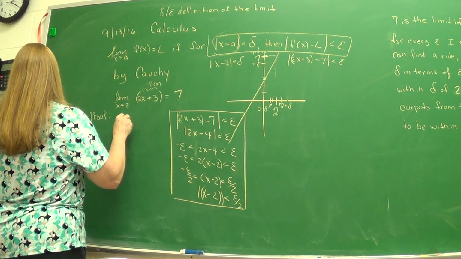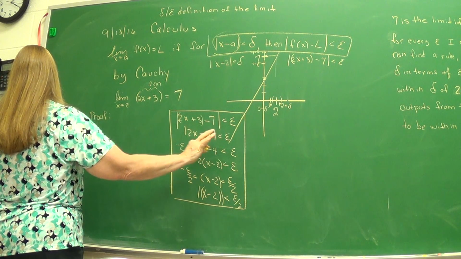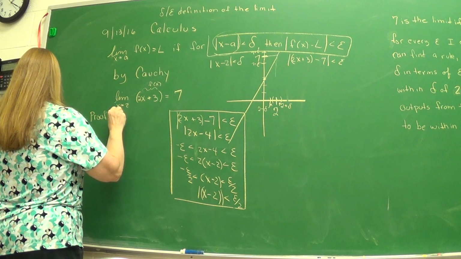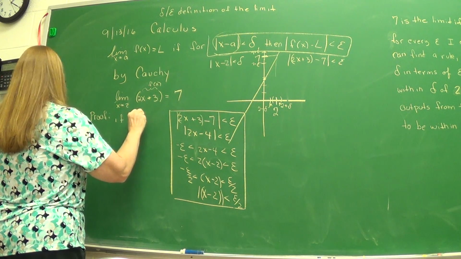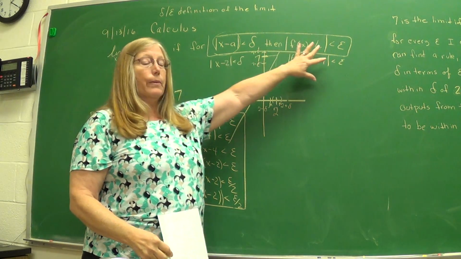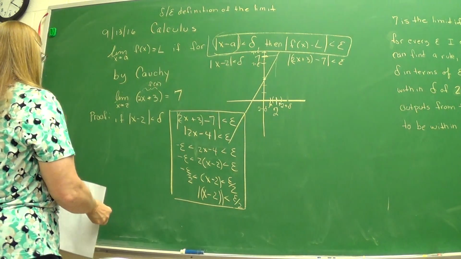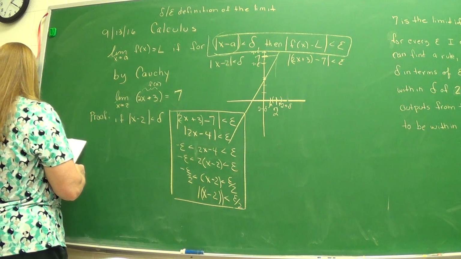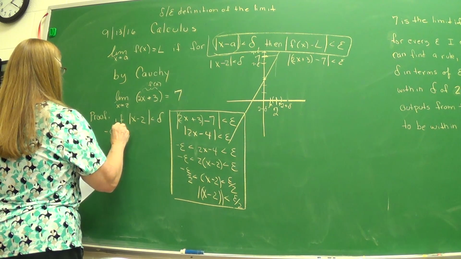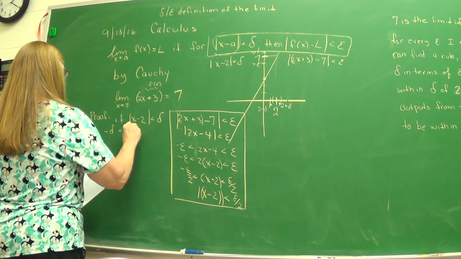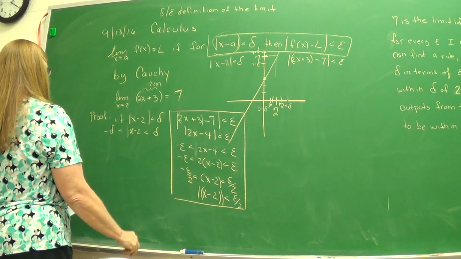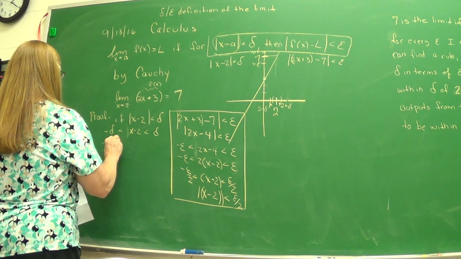So on that side, put the scrap work away, and you're going to start with the correct side of the proof. If the absolute value of x minus 2 is less than delta, then we have to prove this. If it works out, then we know that 7 is the limit. So rewriting that without absolute value, negative delta is less than x minus 2, which is less than positive delta. I'm going to come in and multiply everything by 2.